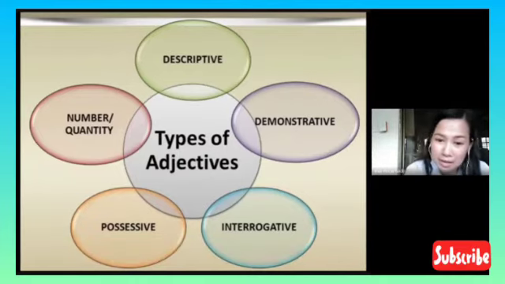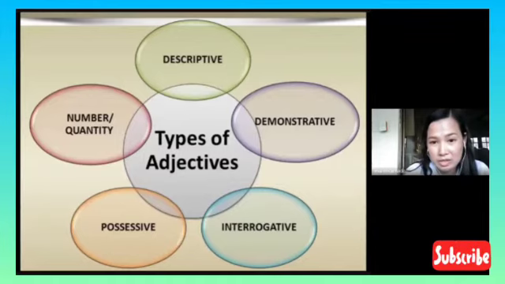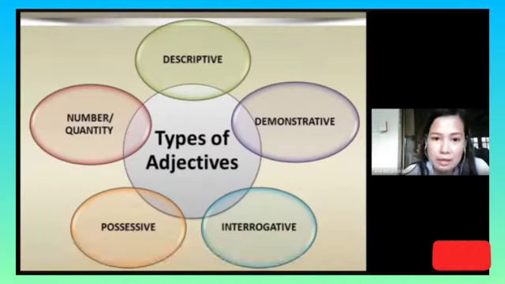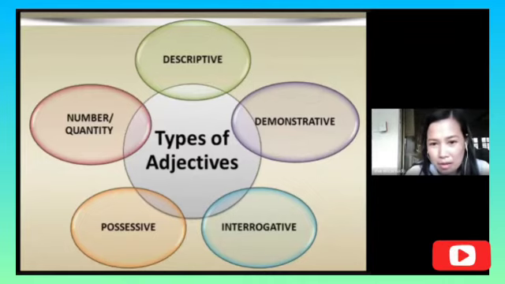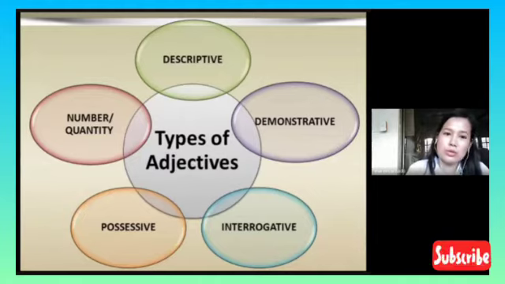Whose father? My father. My. Ours. Ano pa? Theirs. Yon, mga possessive adjectives. Number and quantity answers the questions how much and how many. How much doesn't tell you the exact amount, approximate amount lang. Few. Enough. Some. When you say how many, it gives you the exact number. First, second, 1, 2, ganon.